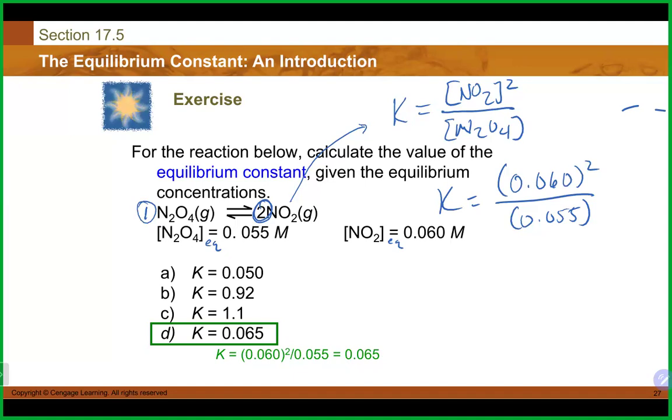Looks like 0.065 would be our equilibrium value. That is considered, by the way, a small value of K, which means when we reach equilibrium, we would expect to mainly have reactants present. Any questions on that there?